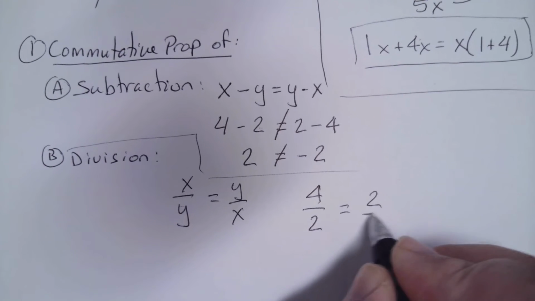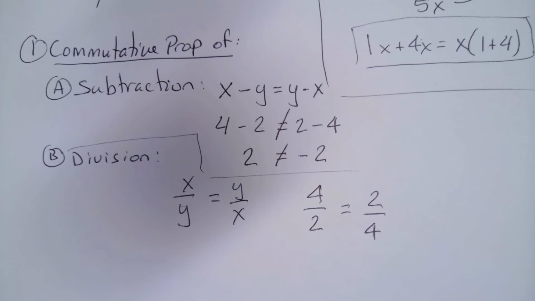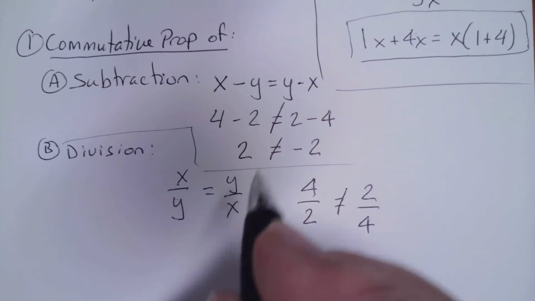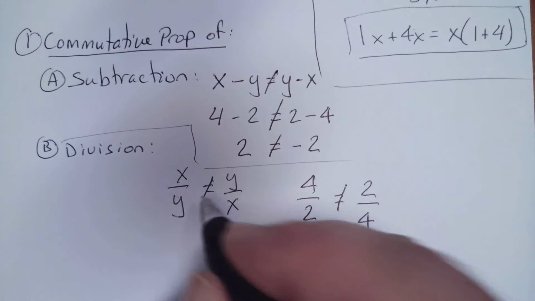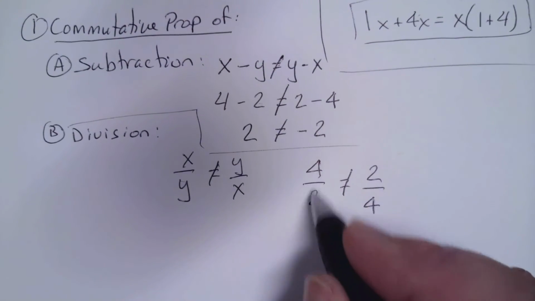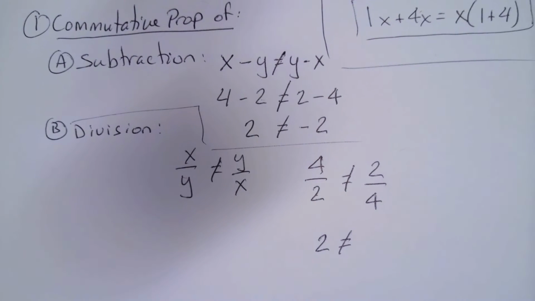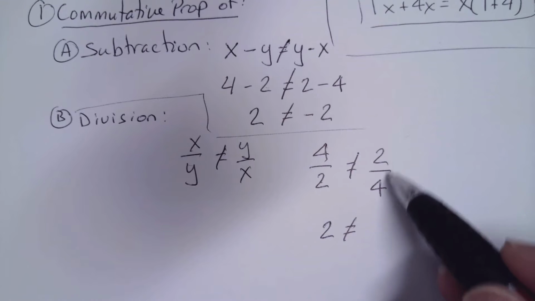Does that equal 2 divided by 4? No, it's not equal. These are not equal statements. 2 goes into 4 twice. But what do we do here?